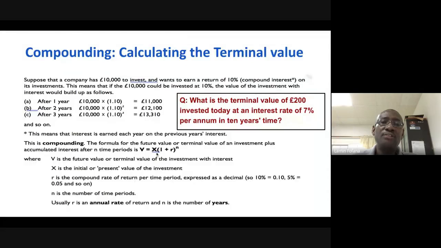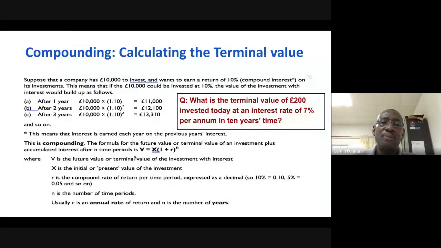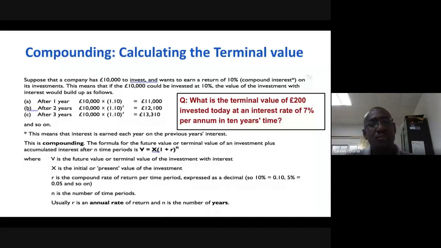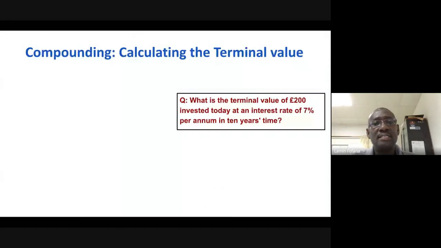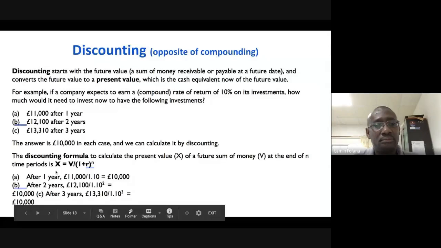So if you want to find X as the subject of the formula, you will say X equals V divided by (1 plus R) raised to power N. So that's exactly the formula for discounting.